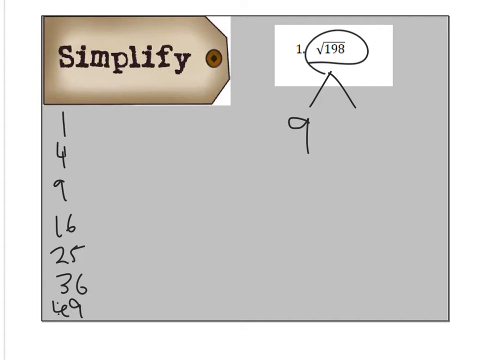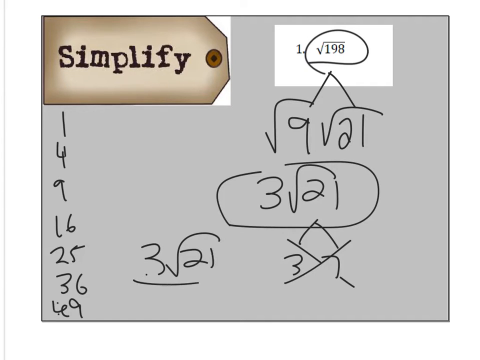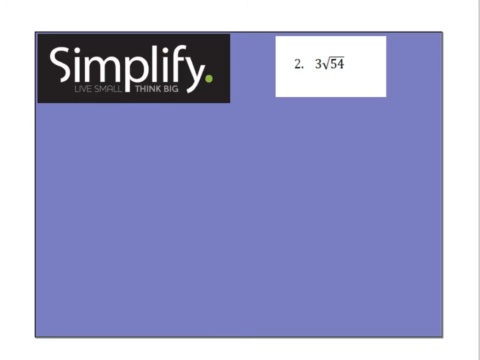I know 9 is going to work, and that's going to be 21. So 9 is a perfect square, so I can take a square root there. That's going to be 3 square root of 21. There's my answer. I can't split 21 apart any further; it splits apart to 3 and 7, but neither one of those helps me, so my simplified answer is going to be 3 square root of 21.